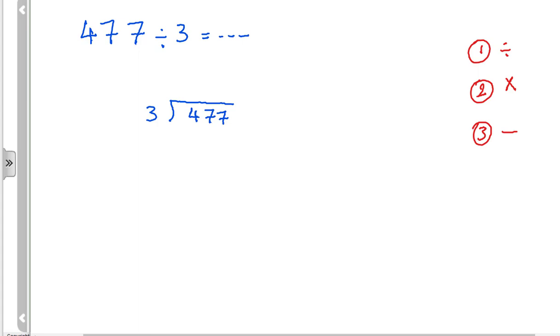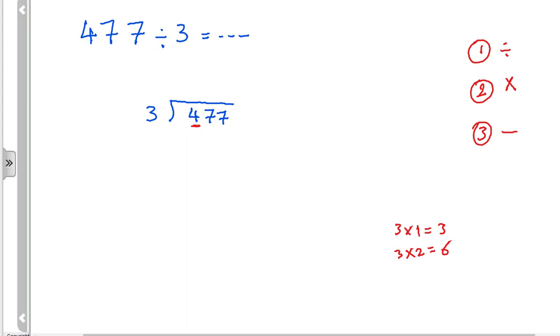Okay, let's see the steps. I told you that we should start from the left. The greatest place value is hundreds. So 4 divided by 3. We can write the table of 3 to help. So you know that 3 times 1 equals 3, and 3 times 2 equals 6.